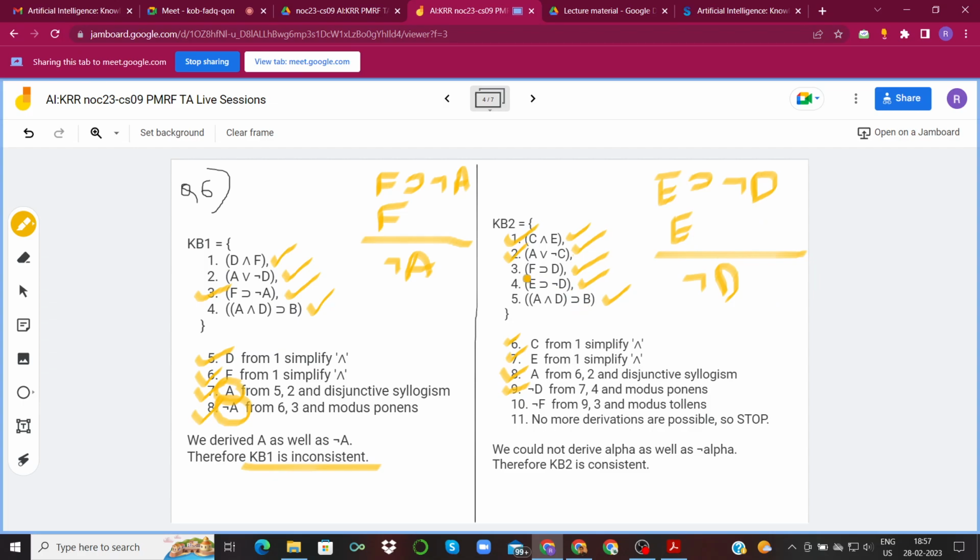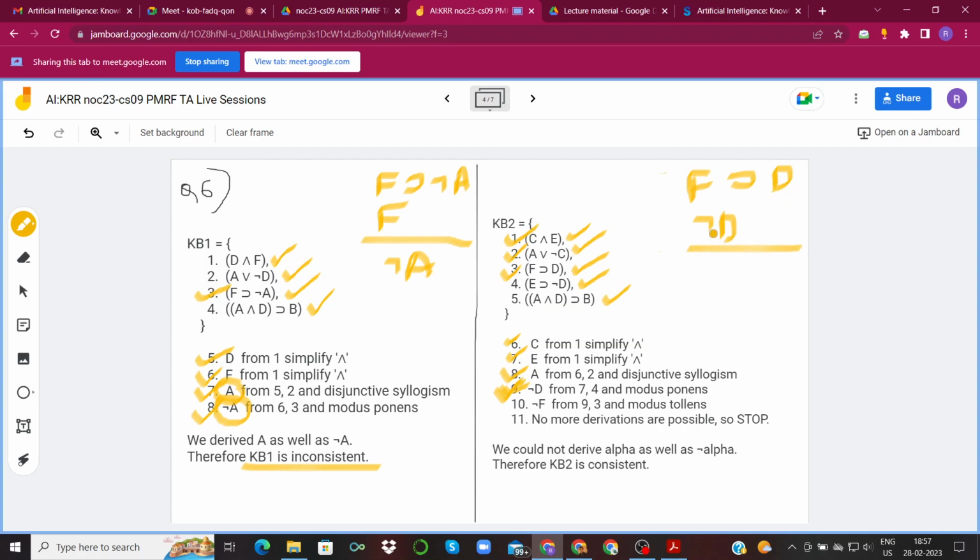Also, if you consider the third one, right, we have F implies D and a not D that we just derived, right, over here.